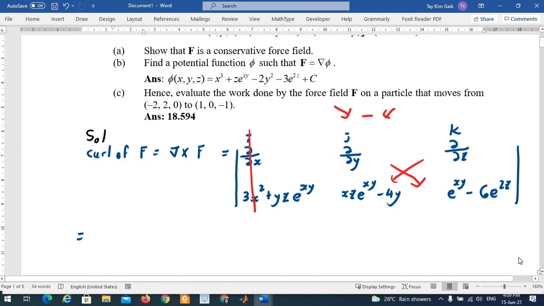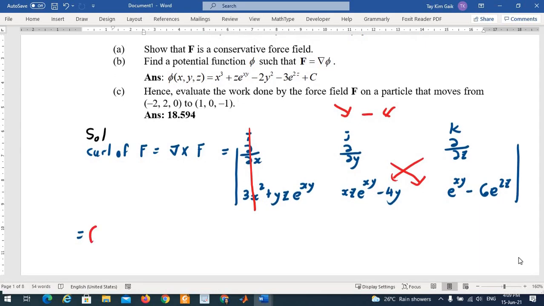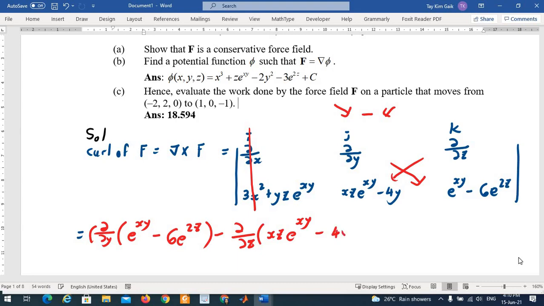For component i, j cross k is positive i. So we have del y of e^(xy) minus 6e^(2z) minus del z of xz e^(xy) minus 4y. This is component i.